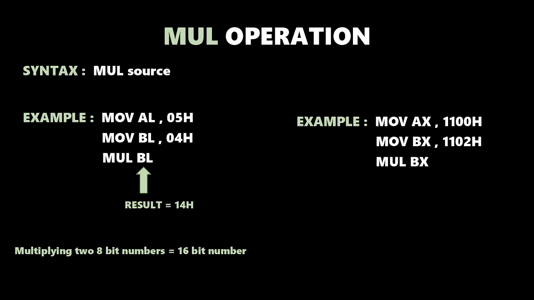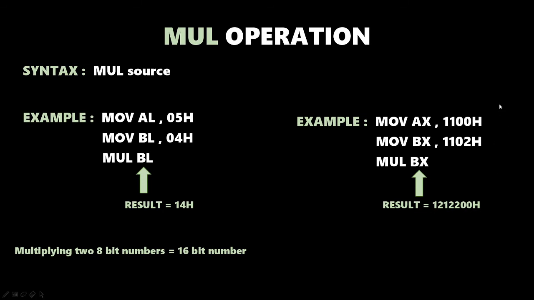The next instruction we give is MUL BX. Now what this will do is multiply the value that is stored in our BX register and the value that is stored in our AX register, and the result is a 32-bit number. We are multiplying two 16-bit numbers, which will produce a 32-bit number.